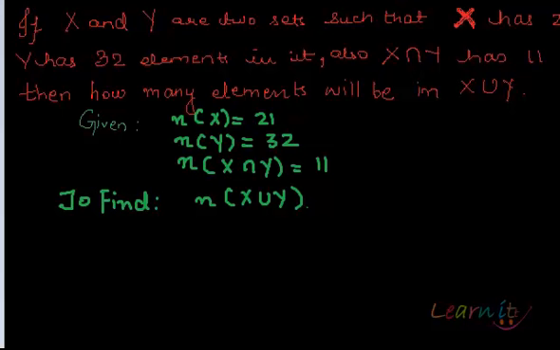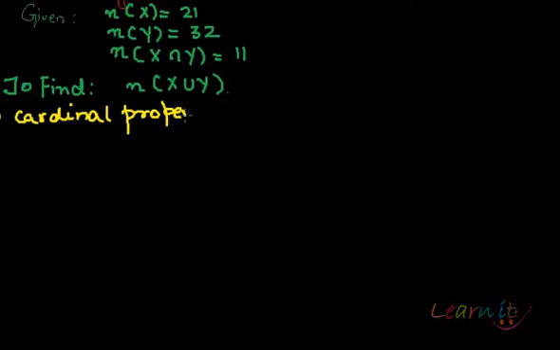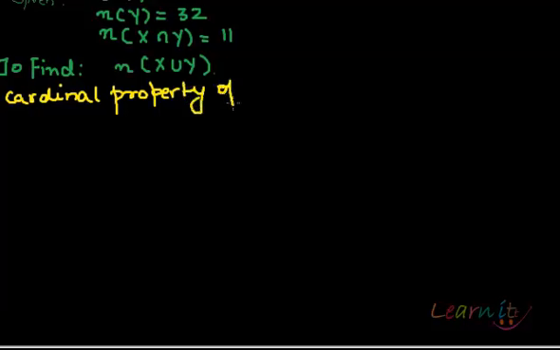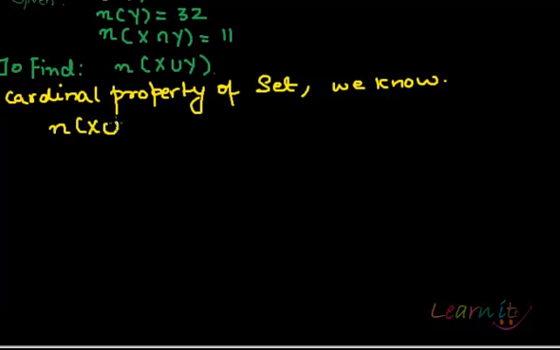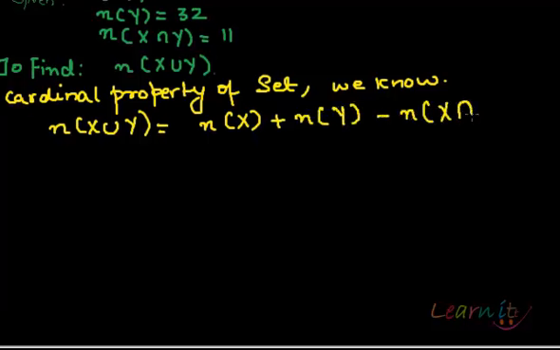Now by the cardinal property of sets, we know n(X union Y) would be equal to n(X) plus n(Y) minus the elements in the intersection of the two.